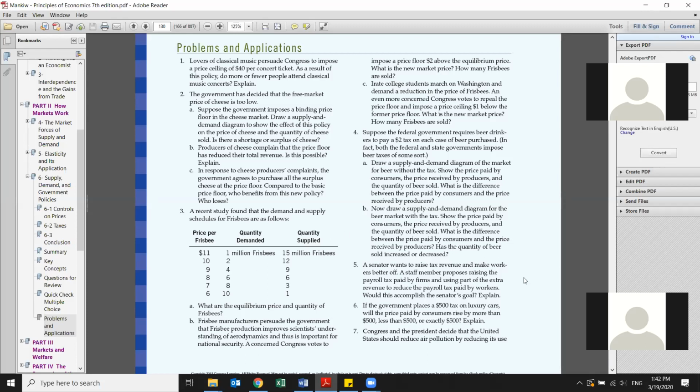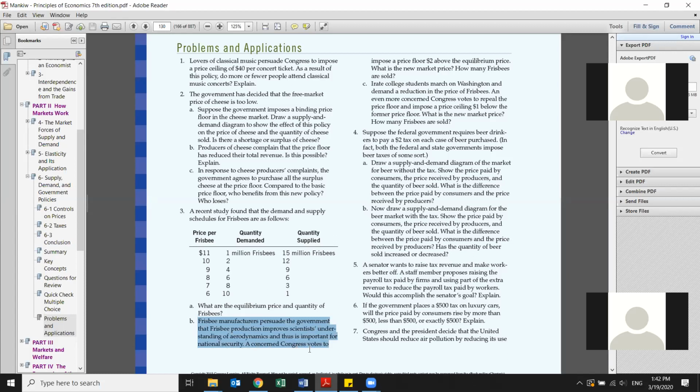Can you explain question B? Yes, of course I can. Now, coming to question B. The frisbee manufacturer persuades the government that frisbee production improves the scientists' understanding of aerodynamics and thus is important for national security.